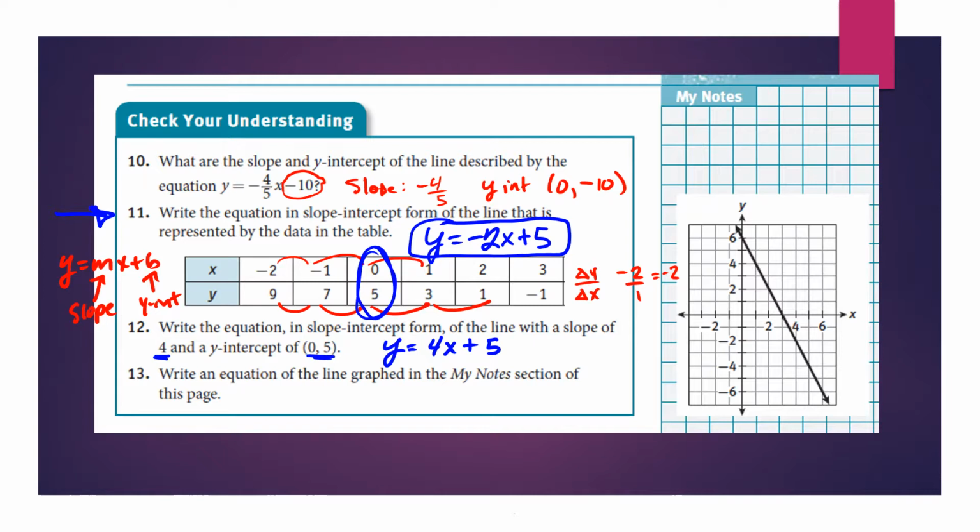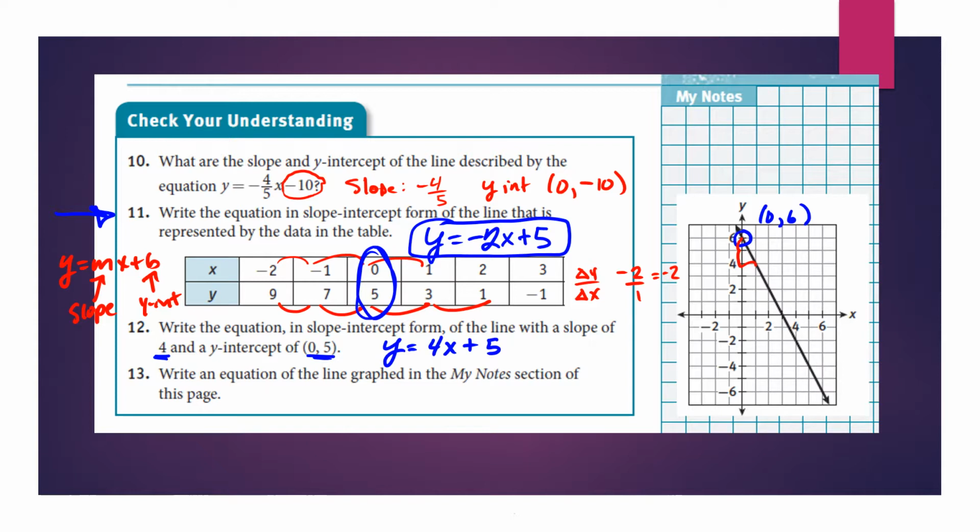So write an equation of the line graphed in the My Notes section right here. So let's see, the y-intercept looks like it's right here on 6. So I know that's (0, 6), and I know my b coordinate is 6. So y equals something x plus 6. Now I just got to see, my slope looks like it's going down 2 when it goes over 1.